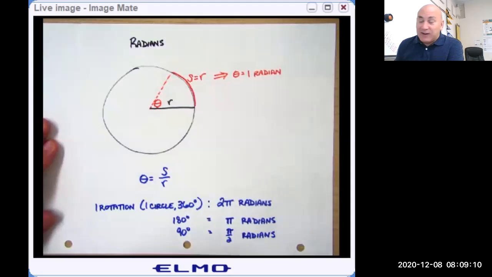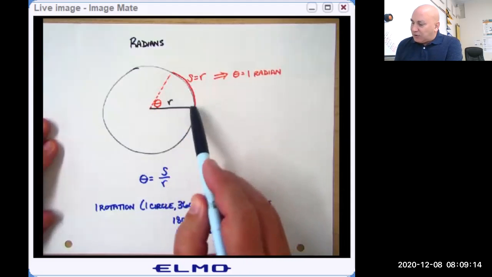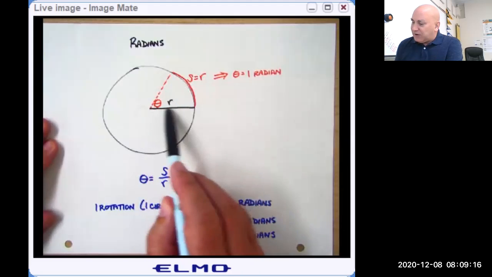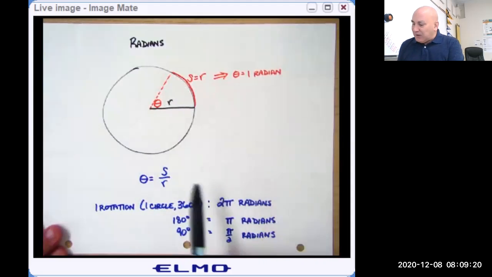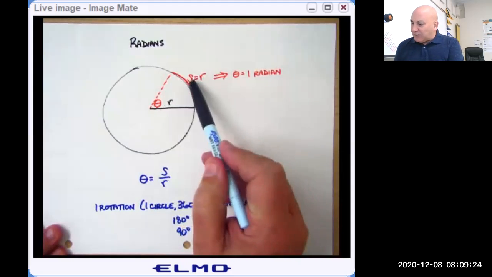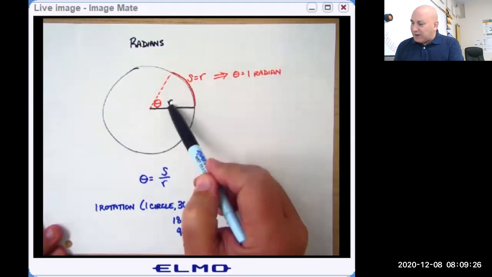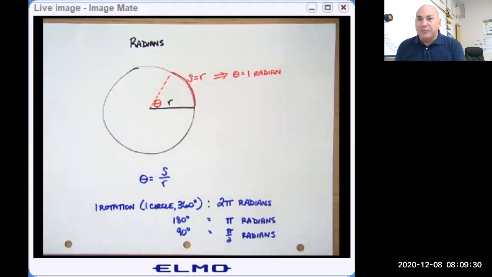I don't know why we use s. So if this distance along the circle is equal to this distance here, this angle is 1 radian. And you can see theta is s divided by r. So s divided by r, or r divided by r, would be 1 radian.